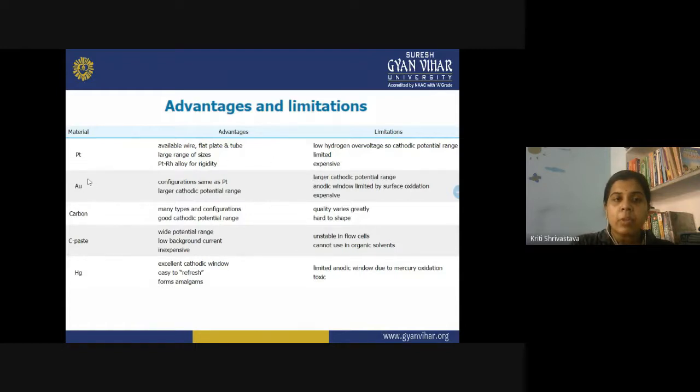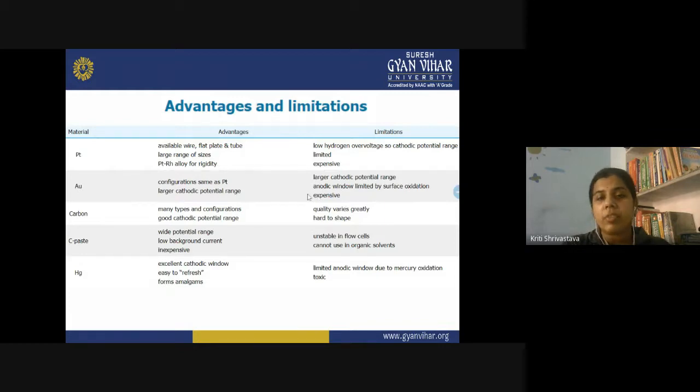When you talk about gold as a material for the construction of an electrode, its configurations are the same as platinum. It has a larger cathodic potential range as compared to platinum. The limitation is that the anodic window is limited. Why? Because of the surface oxidation.